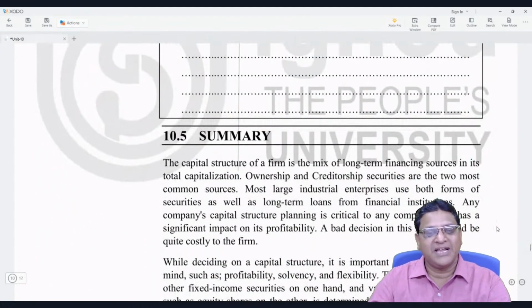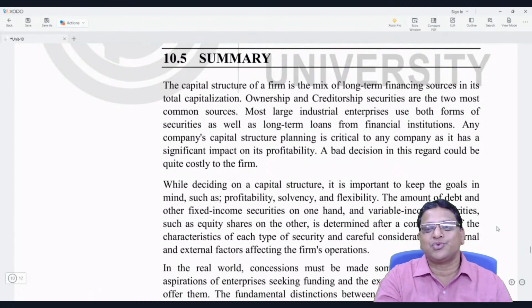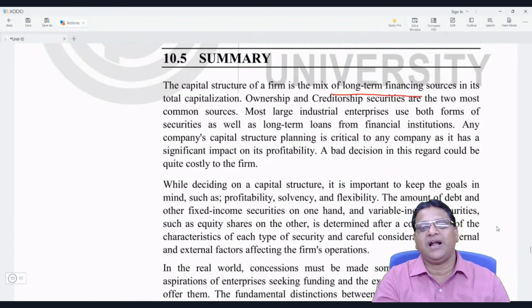So we will summarize our discussion today. In today's class, we have discussed what is capital structure. We know that the capital structure tells us regarding the composition of capital. It tells us regarding the mix of long-term sources of capital. We know that there are two types of long-term source. One is ownership capital, another is creditorship capital.